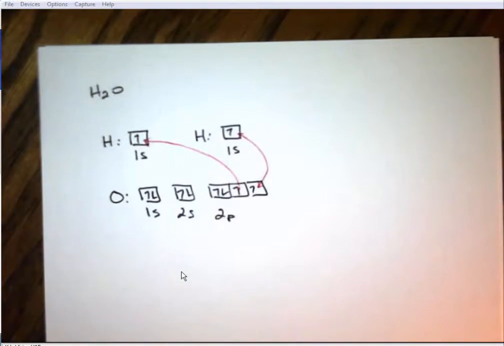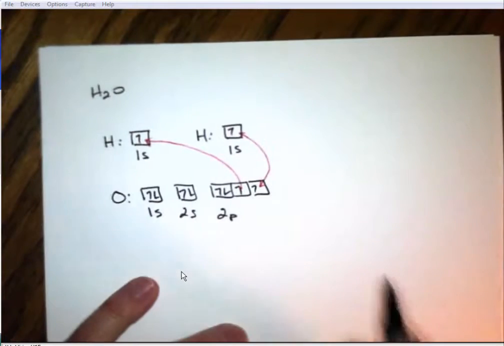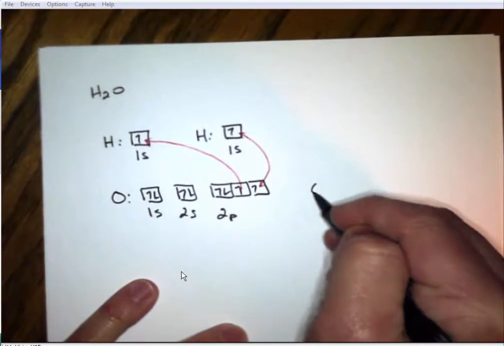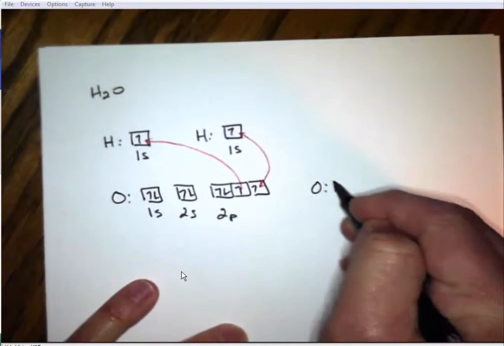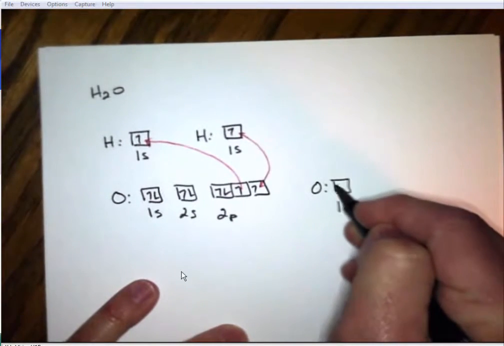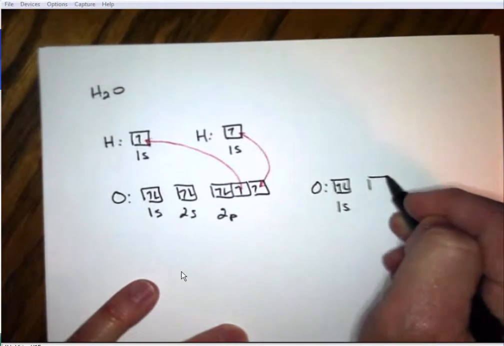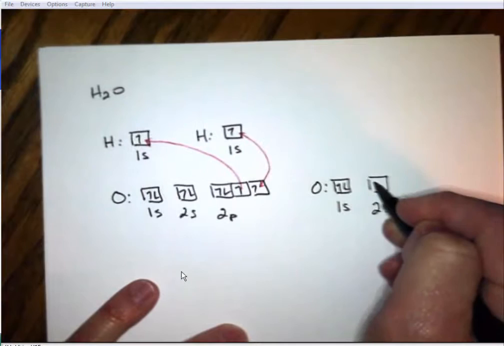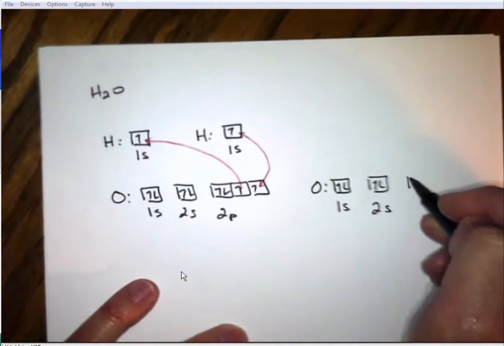Now, you could think about it as just sort of overlapping these two images. It's not correct, but I'll show you how you can brainstorm and think about it here. So I could take the oxygen here and do 1s and 2s and then 2p.